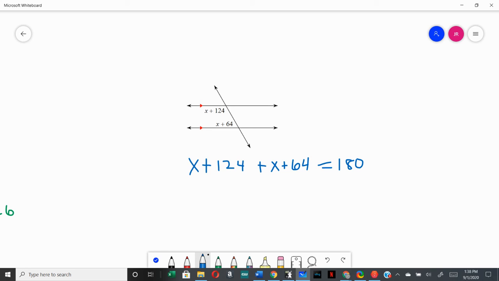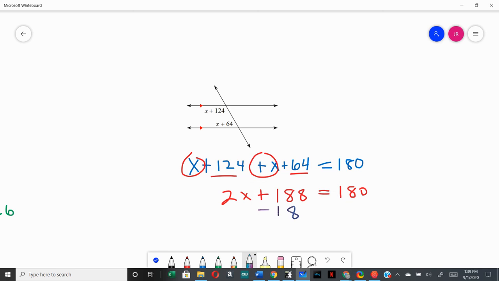So then it becomes a multi-step equation. First thing I'm going to do is combine my like terms. That's 2x plus 124 plus 64, which is 188. That equals 180. Now it's just a two-step equation. I'm going to subtract 188.